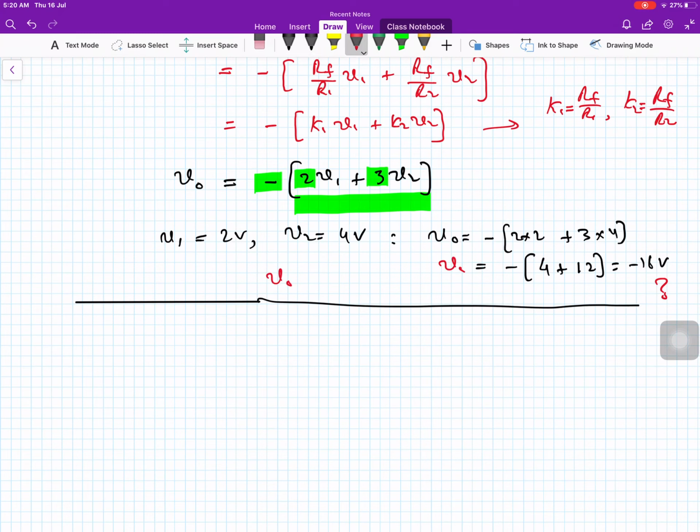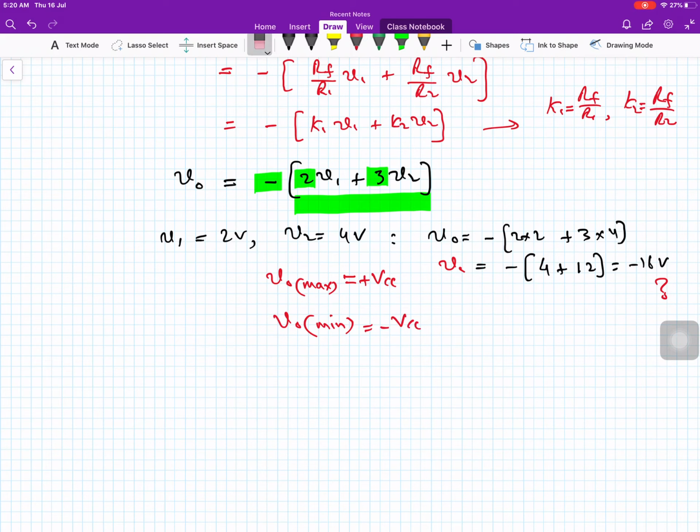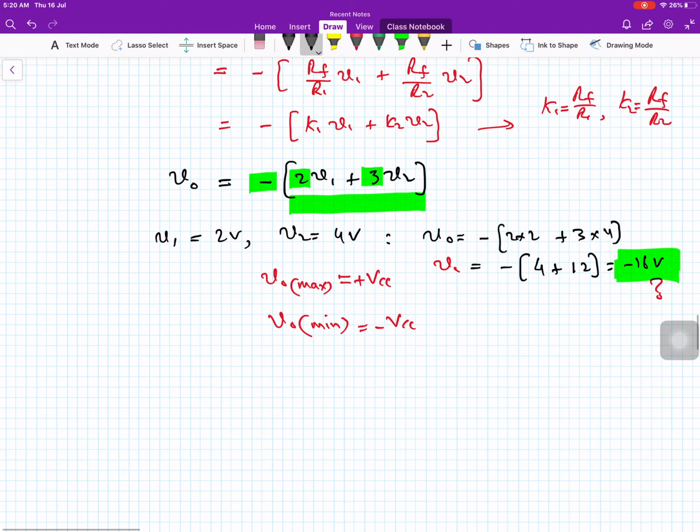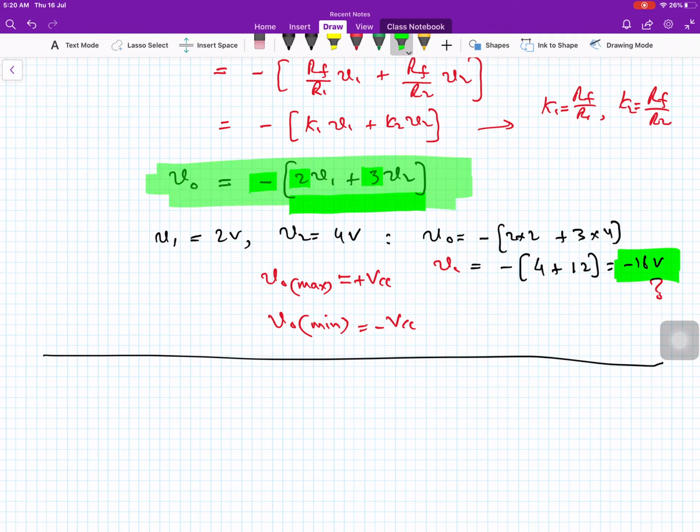Before that we have said that VO maximum is equal to plus VCC, and VO minimum is minus VCC. So if this is the case, as I have shown over here, it means that the operational amplifier is operating in its saturation mode. So if we want to implement this equation, we should avoid minus saturation mode or plus saturation mode.